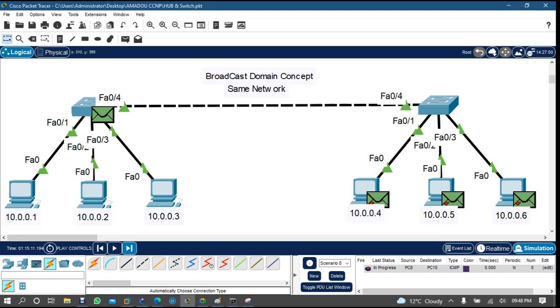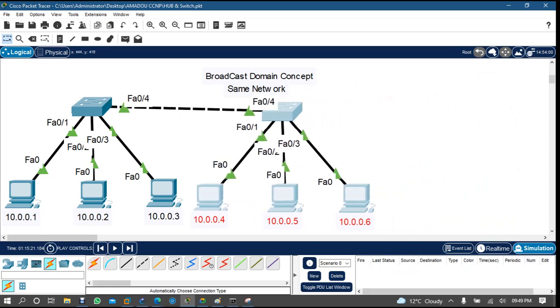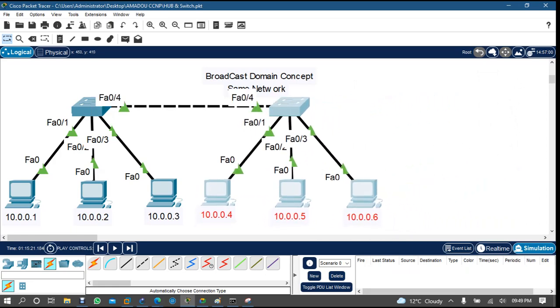It is not limited to the switch connected to that computer. Let me take one switch here for example.